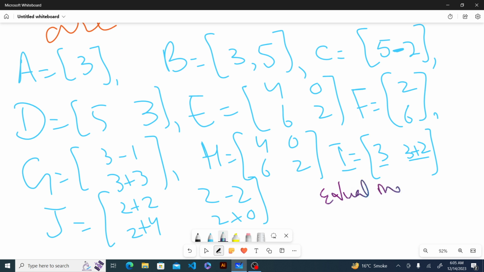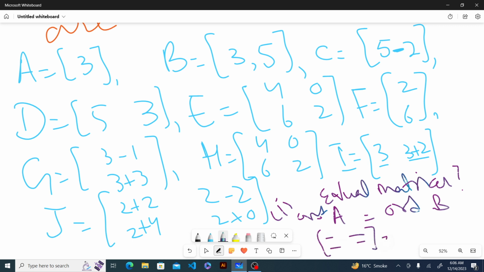Matrices A and B are equal if the order of A is equal to the order of B. The first condition for equal matrices is that the order of the first matrix should be equal to the order of the second matrix, and the entries or elements should also be equal and should be at the same place as in the other matrix. Like this, if there is 1, 2, 3, 4, then there must be 1, 2, 3, 4.